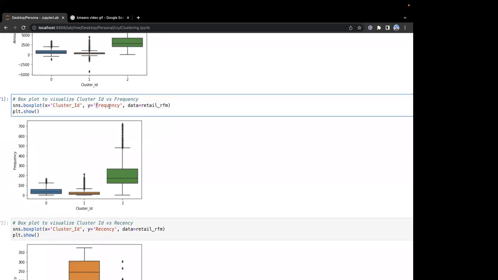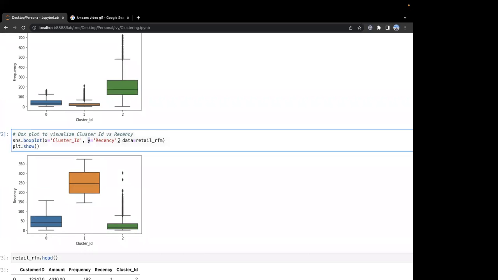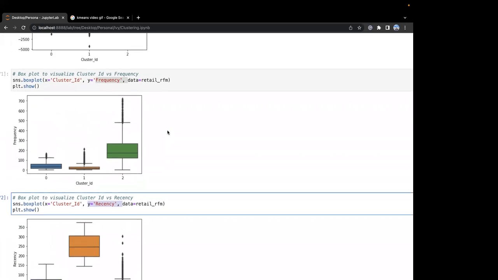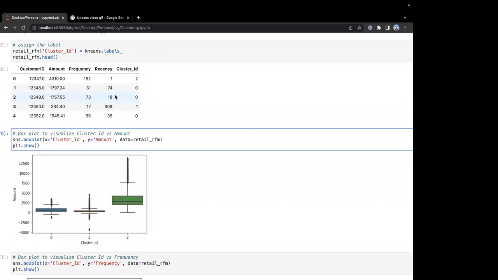When you look at frequency, cluster 2 has the high frequency customers. 0 and 1, almost the same. When you look at recency, cluster 1 has the highest recency. 0 and 1 have almost similar recency. So now you can analyze your customers on the basis of the clusters that have been assigned to them.